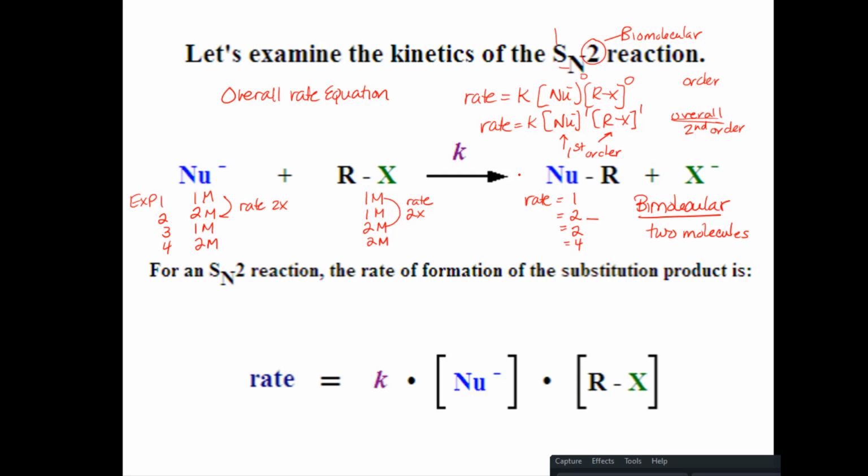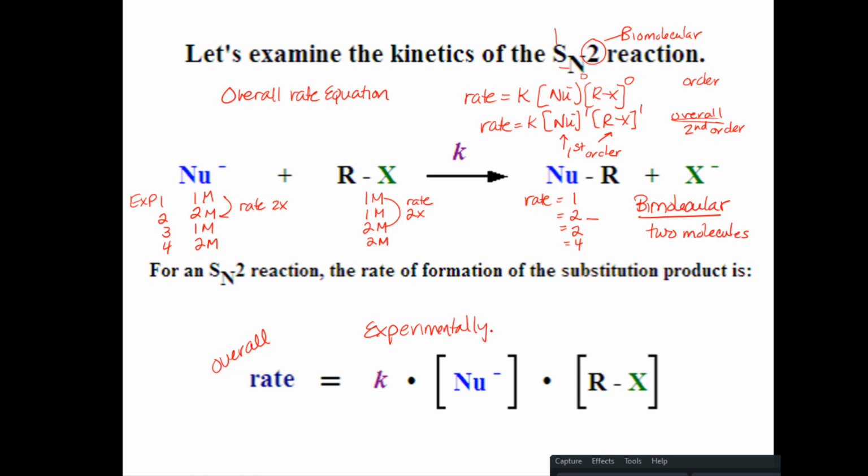Now, what does that mean? Well, let me just take a step back. The reason that we know that an SN2 reaction is bimolecular is because the first place we start is measuring the overall rate equation. Now, this rate equation can only be determined experimentally, okay? So if you're going to determine the overall rate equation, you must do that experimentally.